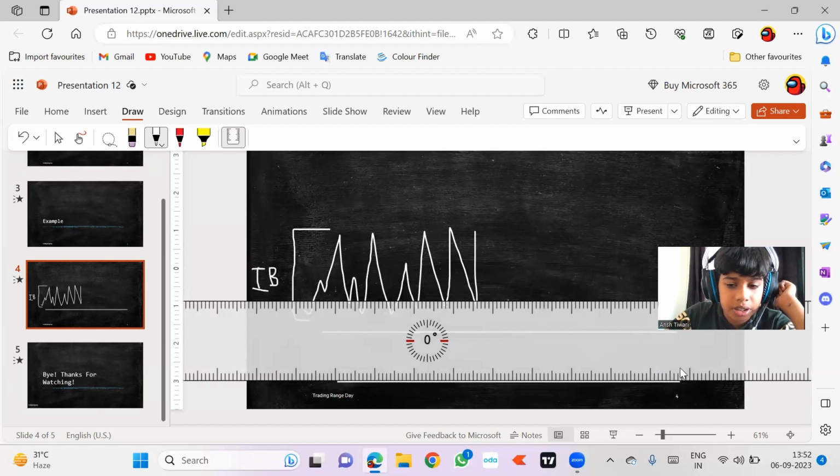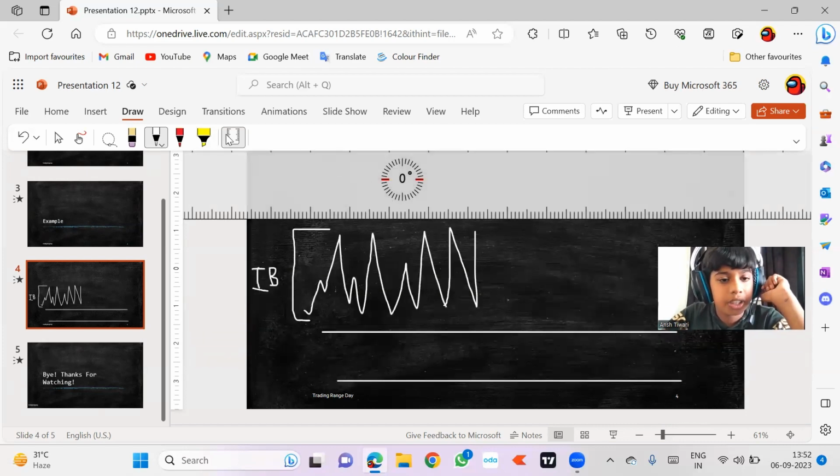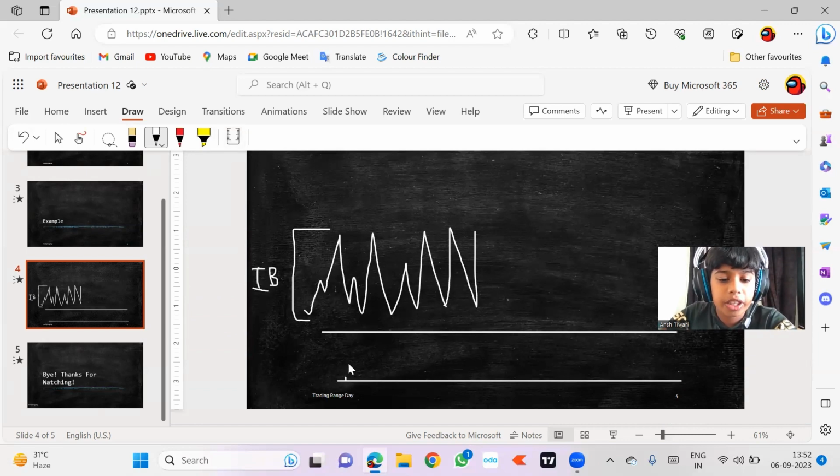What's a range? How is a range formed? A range is formed when the markets continuously hit two price lines, and then we can mark those price lines as a range.